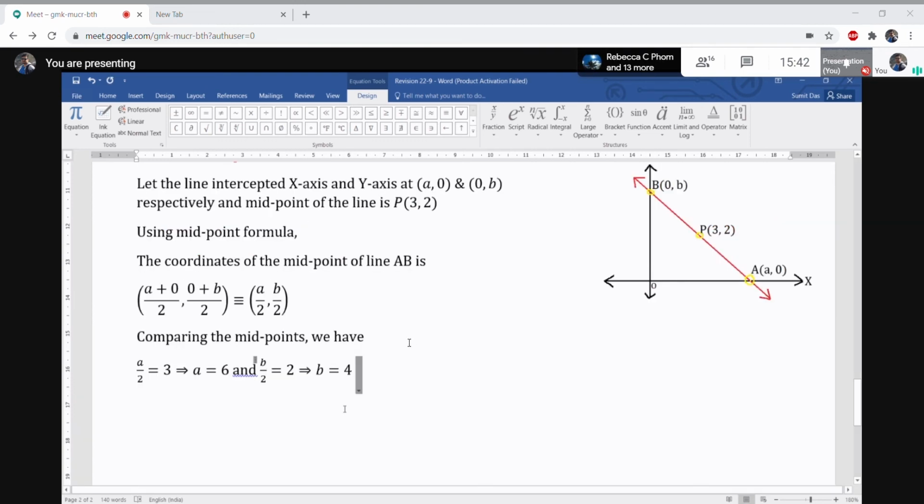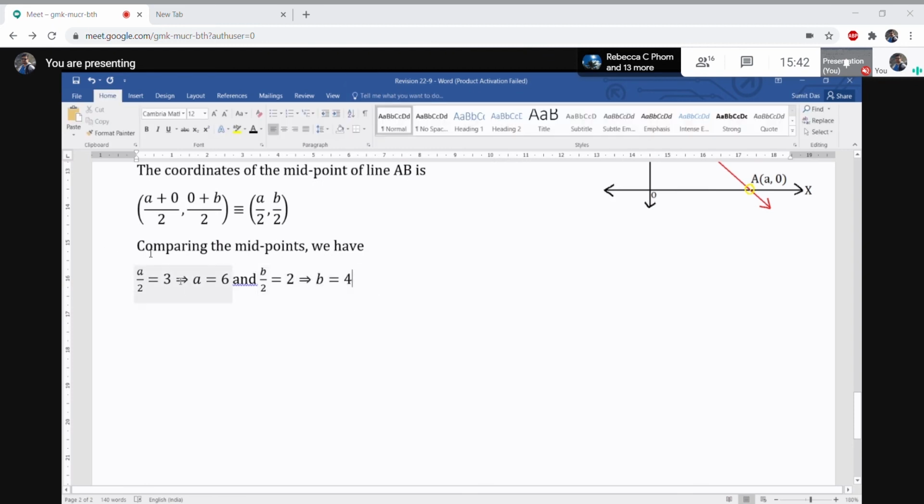So we got the a and b values. The a value is 6 and the b value is 4.